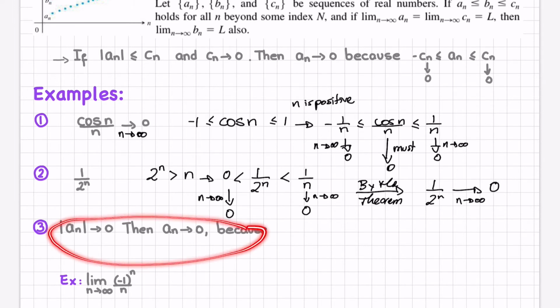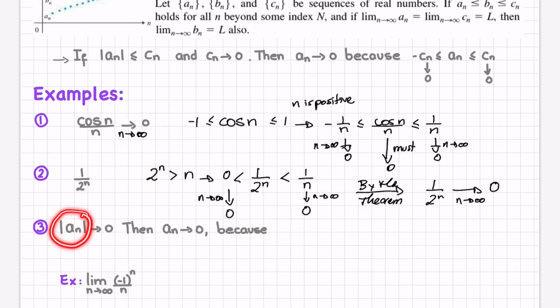This is a direct consequence of this. If the absolute value of a sequence approaches 0, then the sequence itself approaches 0. That's a lot to say. It comes from here.